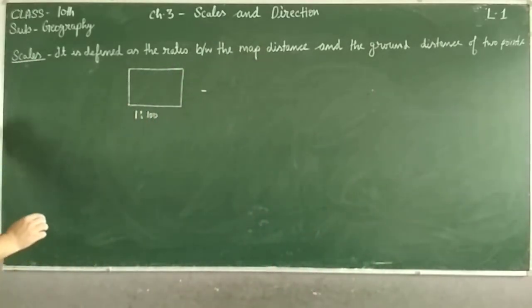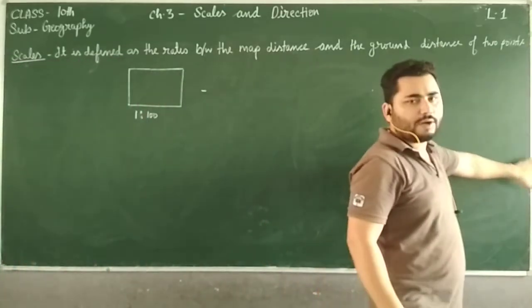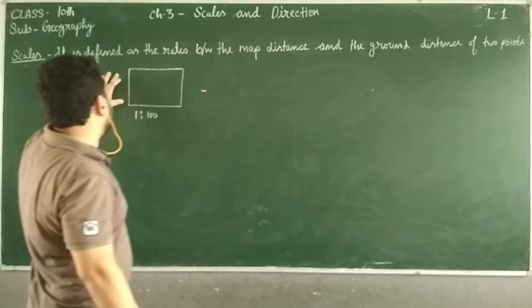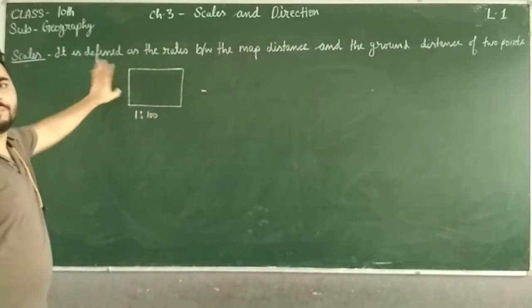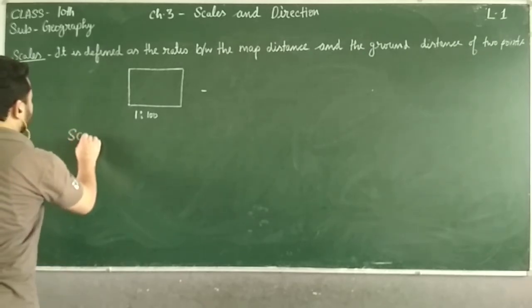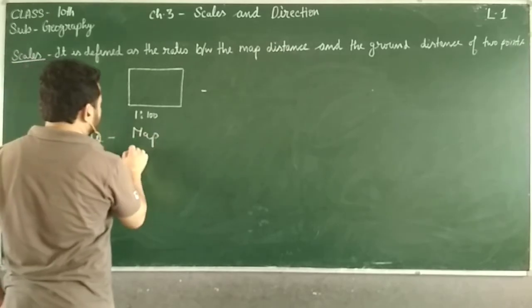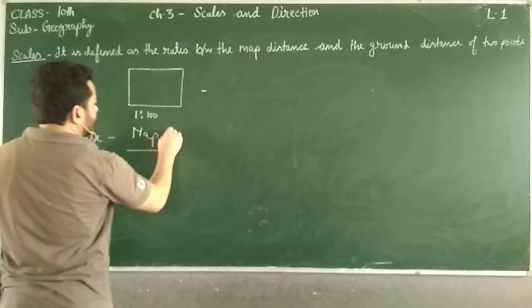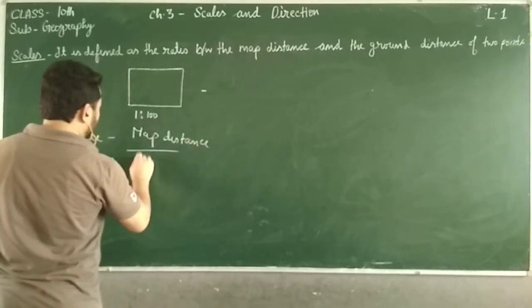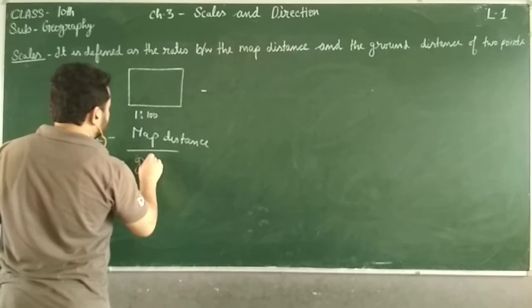This is the actual board, from here to here. Likewise, I have drawn a map of the board here. You can say this is a map of the board. So what will be the scale? Scale will be map distance between two places over the actual distance, or you can say the ground distance.